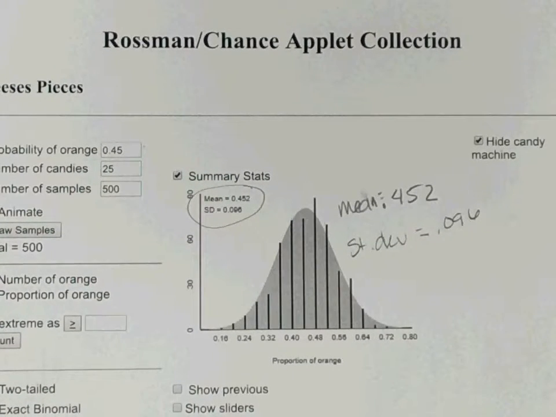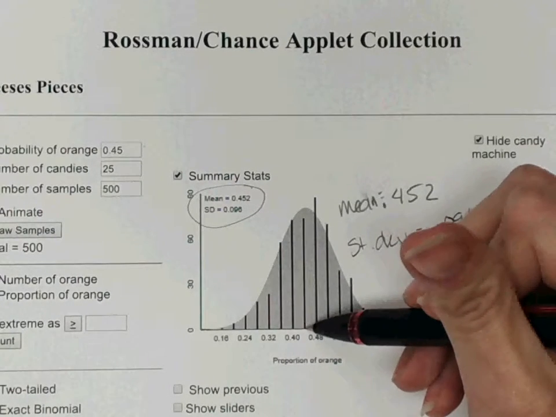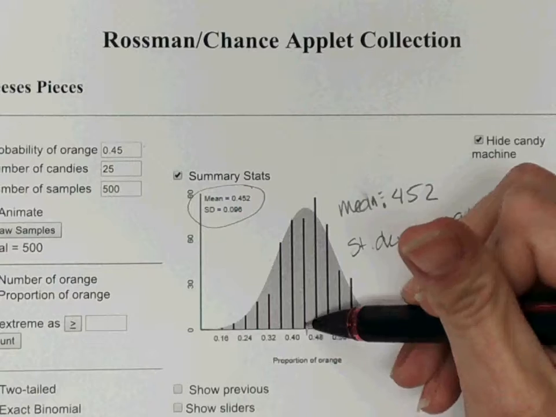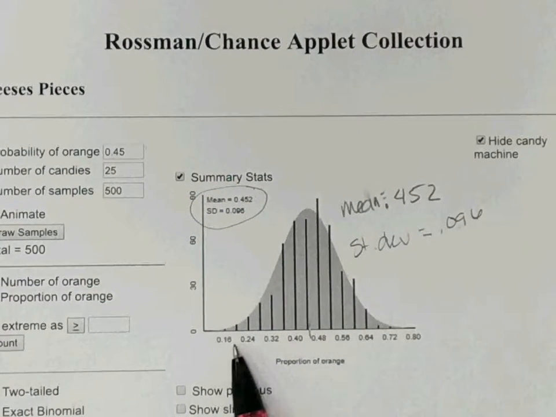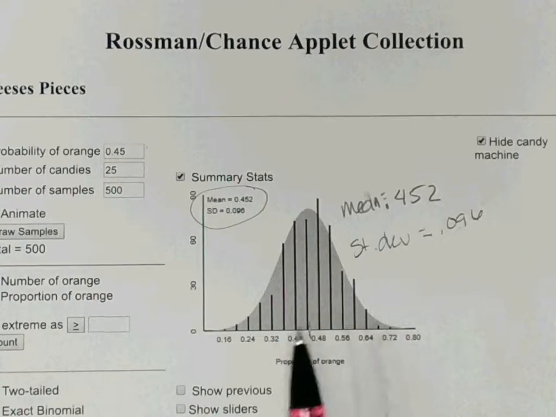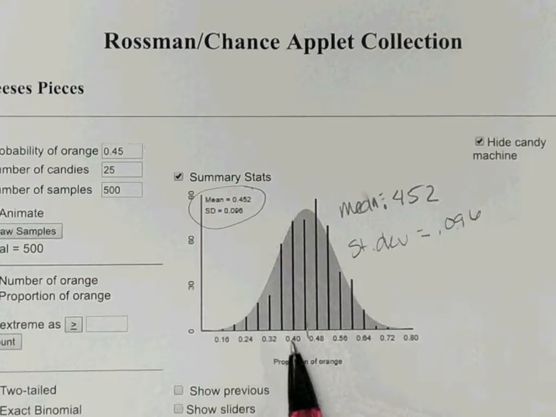So would you say that most of these sample proportions are reasonably close to 0.45? Which is right about here on this graph. I would say, yeah, there's some of them that are farther away, right? But most of them are here in the middle.